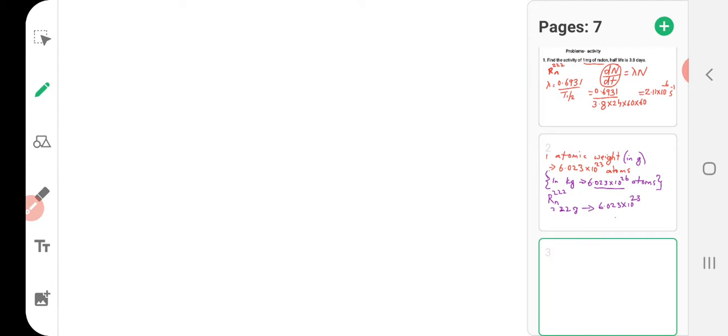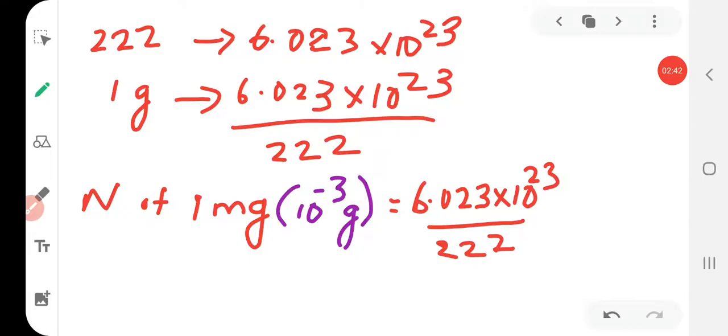The question is to find the activity of 1 milligram of radon. So 222 gram contains this Avogadro number of atoms. What is the number of atoms in 1 gram? 6.023 into 10 raised to 23 divided by 222 will give the number of atoms in 1 gram of radon. Our question was to find the activity of 1 milligram. 1 milligram in terms of gram is 10 raised to minus 3 gram.